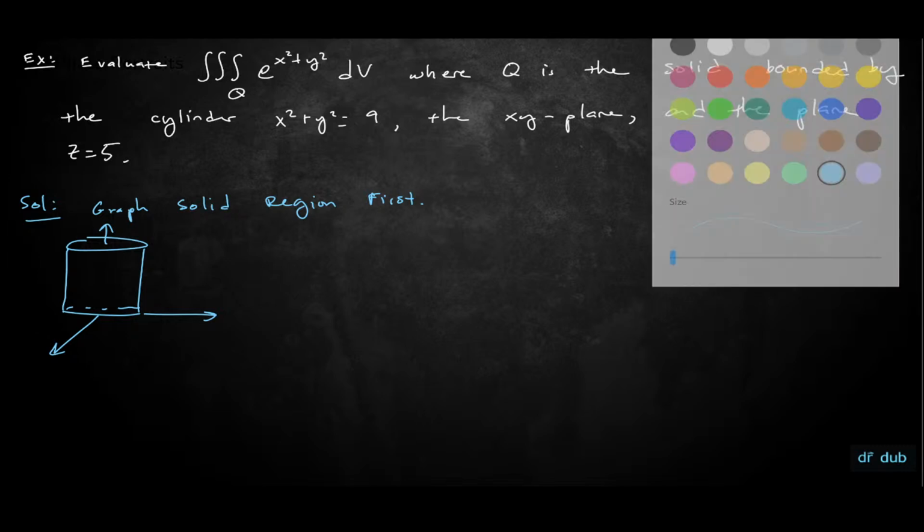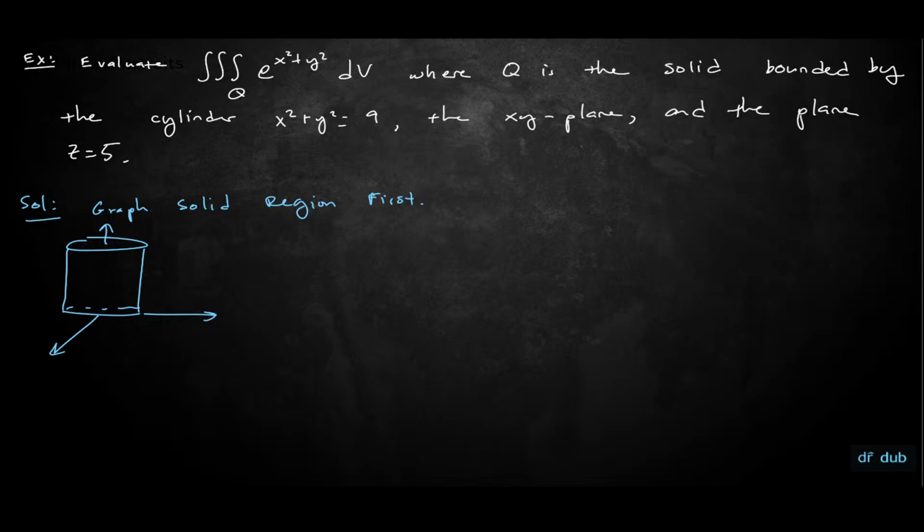And let's try to find the bounds for r, theta, and z. So r, we know, is going this way. And here the cylinder's radius is 3. Z is going from 0 to 5. So r is going from 0 to 3. Z is going from 0 to 5.